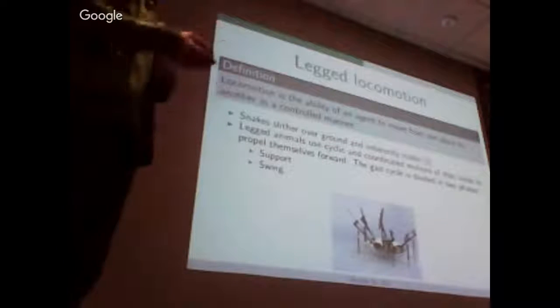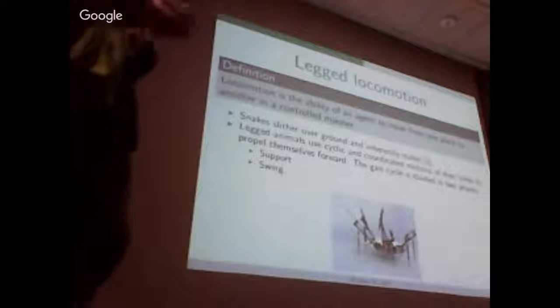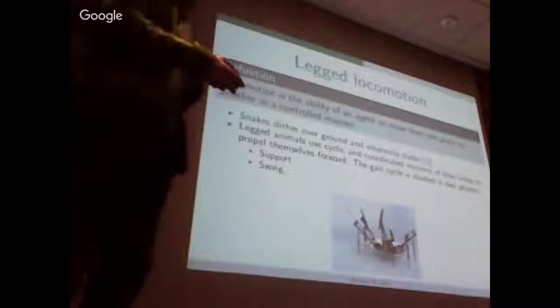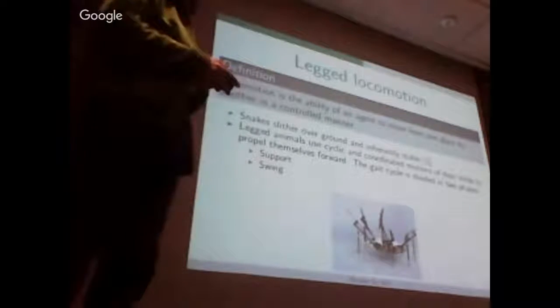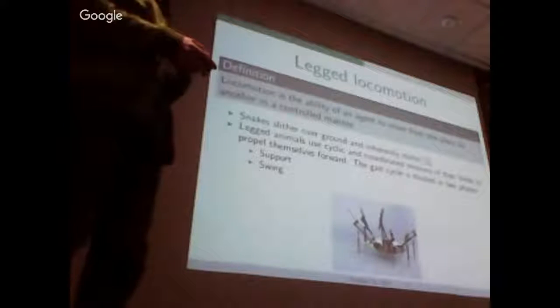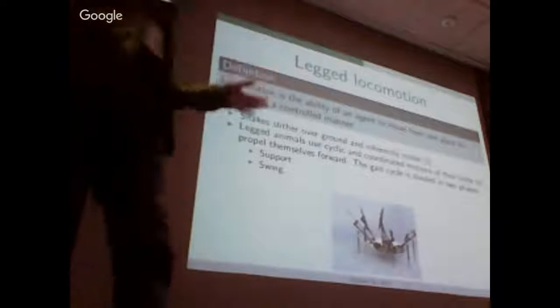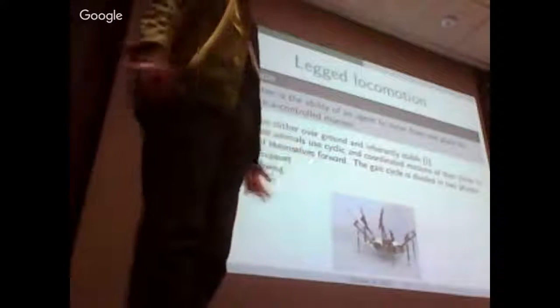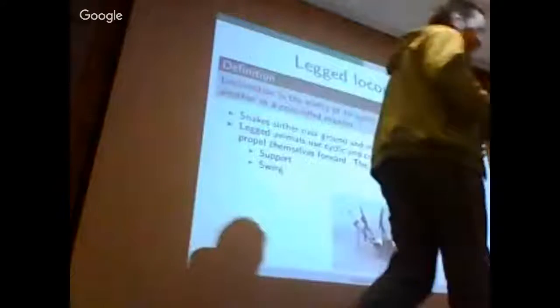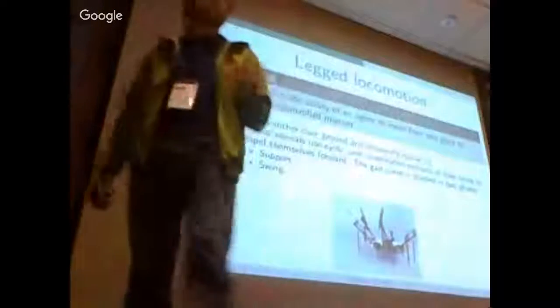On the other hand, legged animals use cyclic coordinated motions of their limbs to propel themselves forward. The gait cycle is divided into two phases, support and swing. This means that one leg is supporting our weight, and the other leg is swinging further ahead of our center of mass. That's the two phases described.